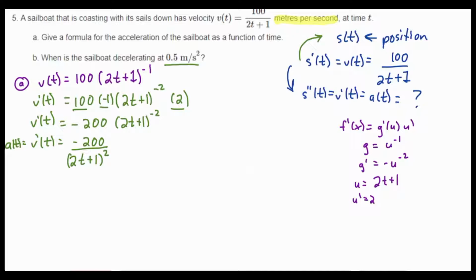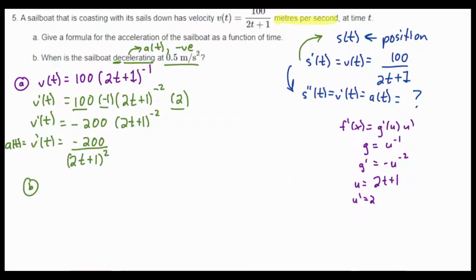So decelerating, there's two pieces here. We're working with acceleration, and decelerating means it has a negative value. So in other words, when is my function going to be equal to negative 0.5 meters per second squared? So let's go ahead and set that up. Once again, what is our given? We're given a value for a.